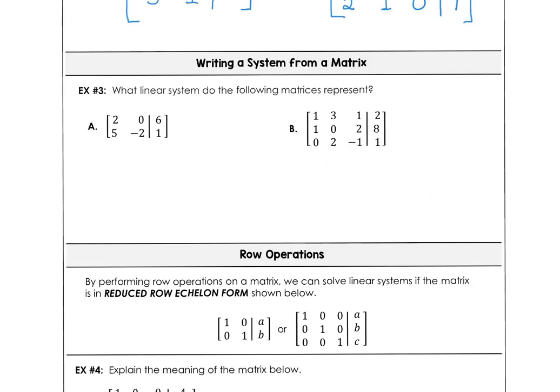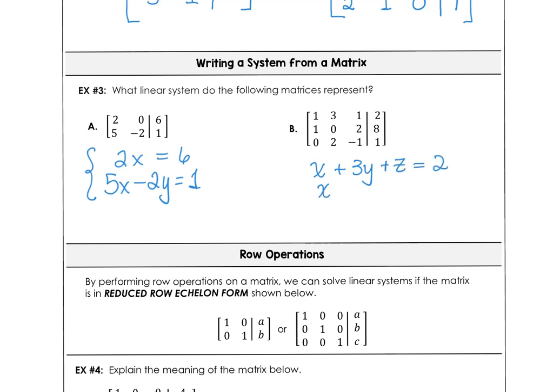Now you should be able to go backwards. By looking at the matrix, we know that 2x and no y equals 6, and we know 5x minus 2y equals 1. So this is our system that's related to matrix A. In part B, we have x plus 3y plus z equals 2.